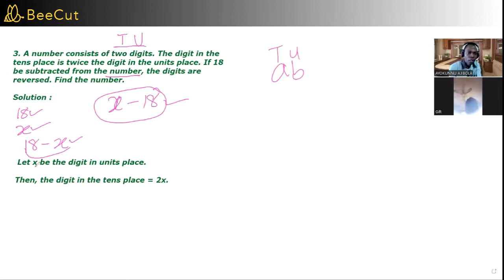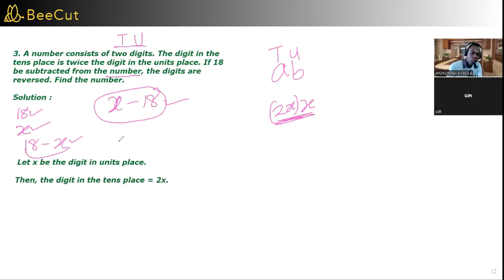So here we set our number in the unit place as x, then the one in the tens place is 2x. So the number is going to be something like 2x, then x. This is going to be the number we are looking for.